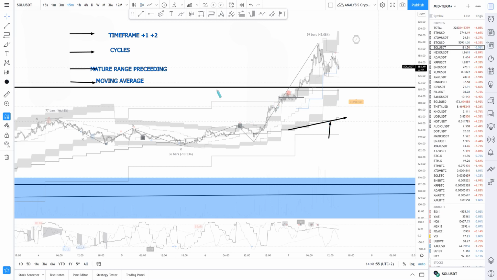We'll confirm that later. Do we have a mature range preceding? There's no doubt here. It's yes or no. All of the prerequisite rules are always easy. Yes, we've got the mature range preceding, so we're good. Okay, we're good with this one. Next, cycles.